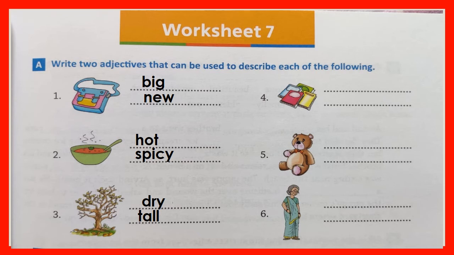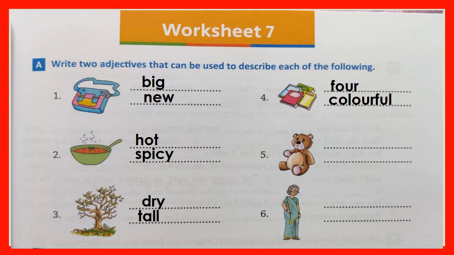So what can you write for the books? You can write interesting, informative. You can write number also, 4, or you can write colorful because they all are of different color, isn't it? So let's write 4 and colorful.